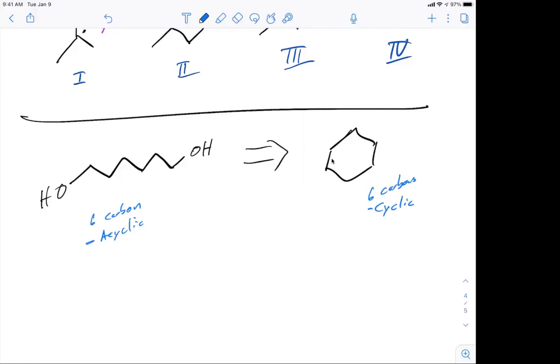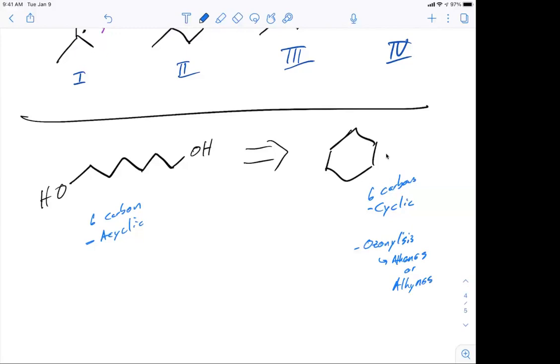I don't need to add carbons. So if we think about what could break a carbon-carbon bond, there's only a few things that could break a carbon-carbon bond. And right now we really only know of ozonolysis, right? So we're probably going to have to use ozonolysis here, and ozonolysis occurs with alkenes, right, or alkynes.